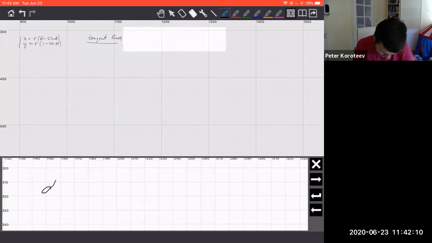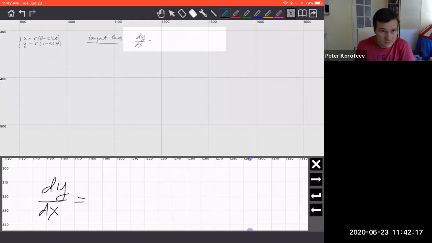We need to calculate the derivative dy over dx. Now the role of time: let's assume that the car is moving with a constant speed.